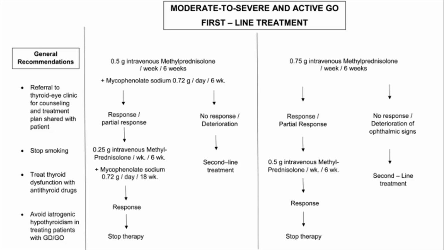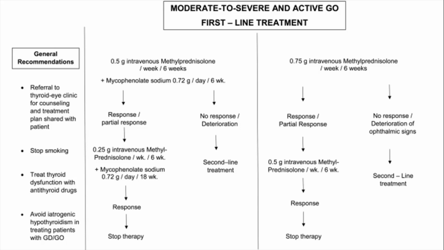If the response is good, stop the therapy, or if there is no response, they go for a second line of treatment. They also have a high dose of 750 milligram of methylprednisolone for 6 weeks, followed by, if there is a response or partial response, 500 milligram. This is methylprednisolone only treatment. If there is no response, that also goes for a second line of treatment.